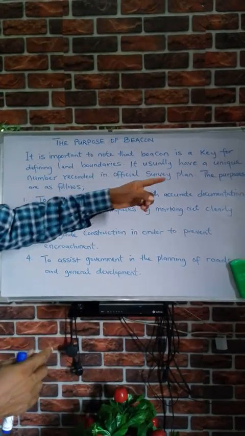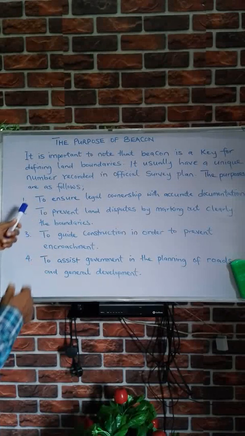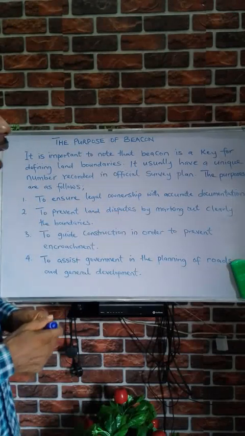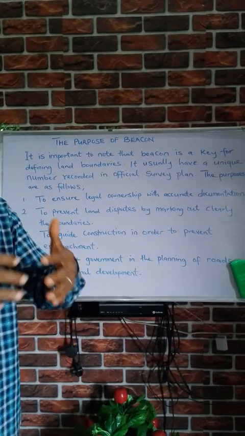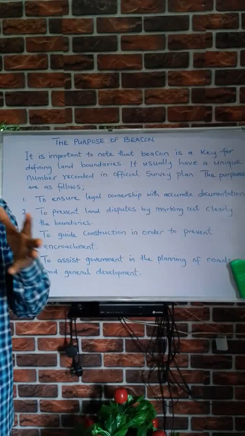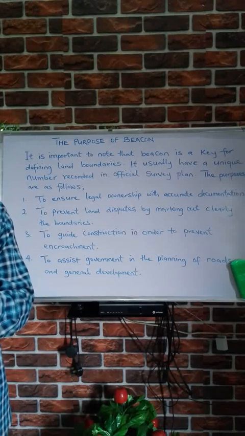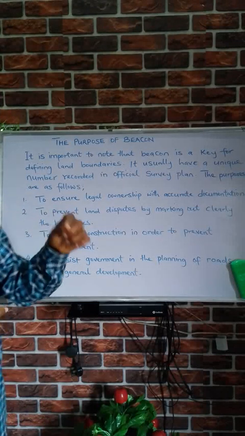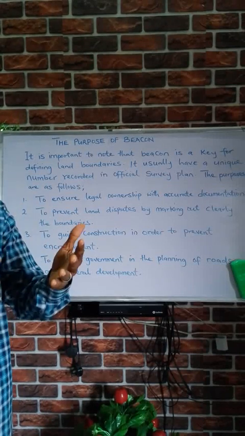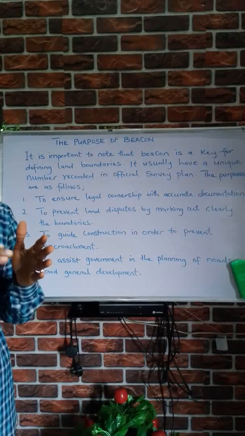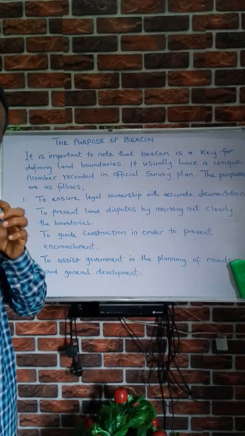I also said the purposes are as follows. The first one is to ensure legal ownership with accurate documentation. As I said, these lands are defined, and as this land is defined, it is allocated to a particular individual. That is usually incorporated in the documentation. So that is why in a survey plan you see the name of the owner of that land written at the top.